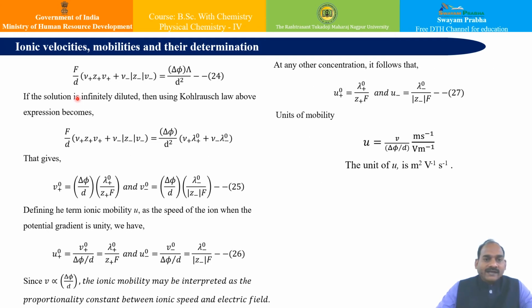Further, from equation 24, if my solution is infinitely diluted, I can use Kohlrausch law for this equation. So I get the further expression as delta phi upon D square into, instead of lambda, I can write nu plus lambda limiting value of ionic mobility of cation and limiting value of ionic mobility for the anion.